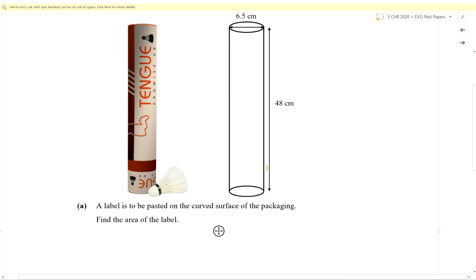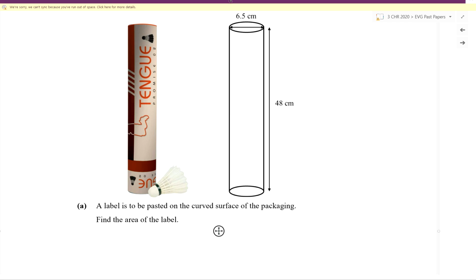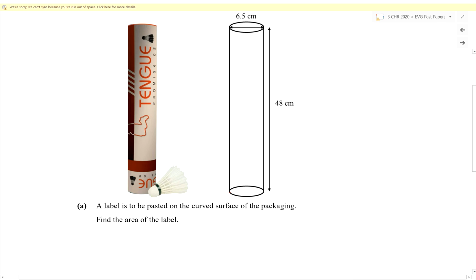What I've always told you to do to find the curved surface area is to outline the perimeter. Can you please do that first? Outline the perimeter of the cross-sectional area. And we're going to take this perimeter multiplied by 48 to get an area.